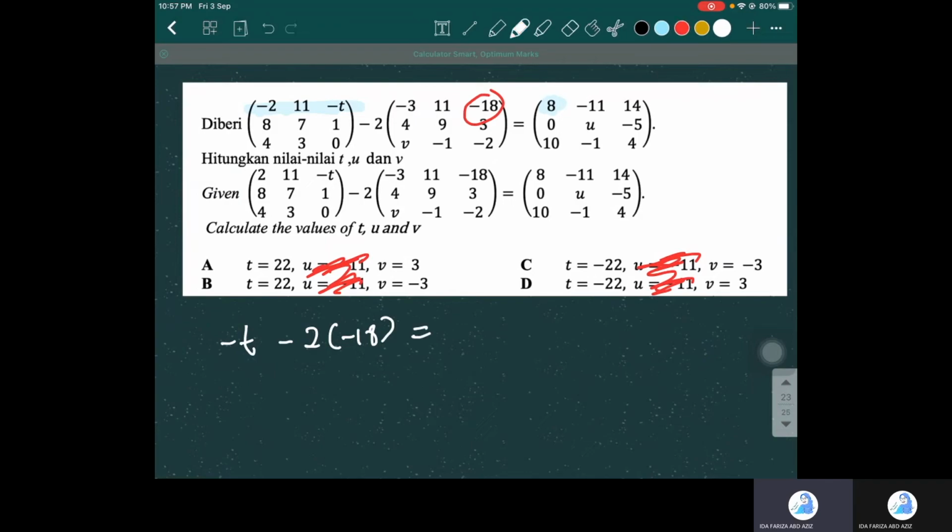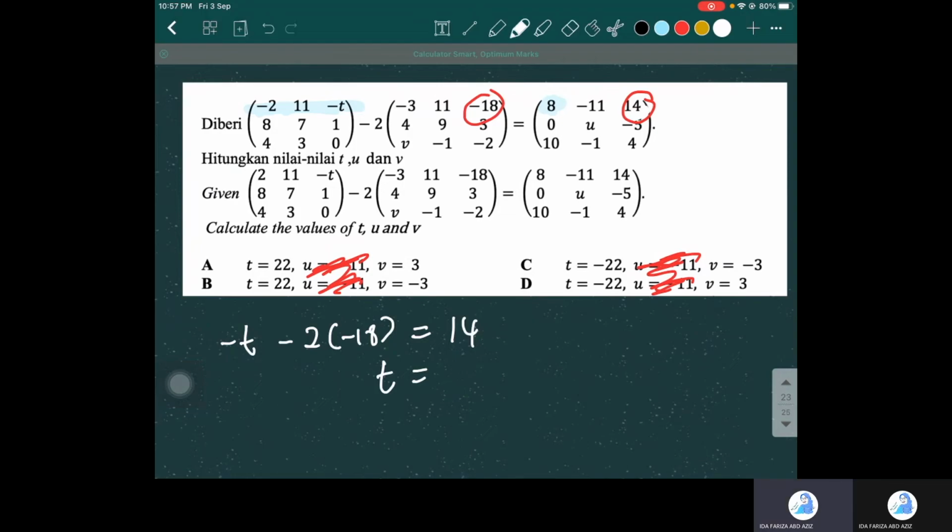Okay, equals with, oh sorry, bukan 8. Equals with 14. Okay, sebab dia duduk dekat row 1, column 3. So, dia duduk kat elemen 1, 3. So, jawapan dia kena 1, 3 juga. Equals with 14. Okay. So, kita akan masukkan ni dalam kalkulator untuk dapatkan nilai apa lah T kita. Okay, apa X kita.